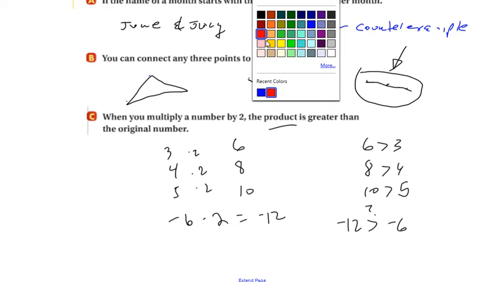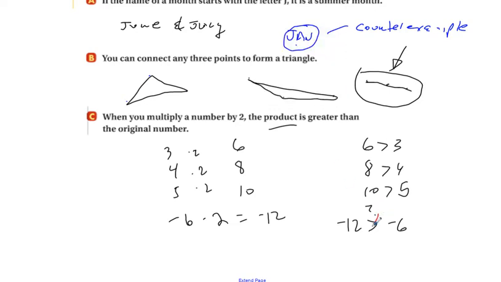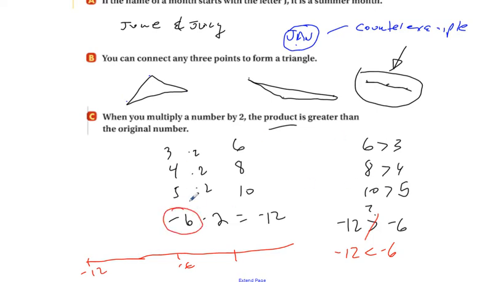On a number line, negative 12 is less than negative 6. So if this is 0, negative 6 is over here, and negative 12 might be down here. So here are examples of counterexamples. Negative 6, that is your counterexample.